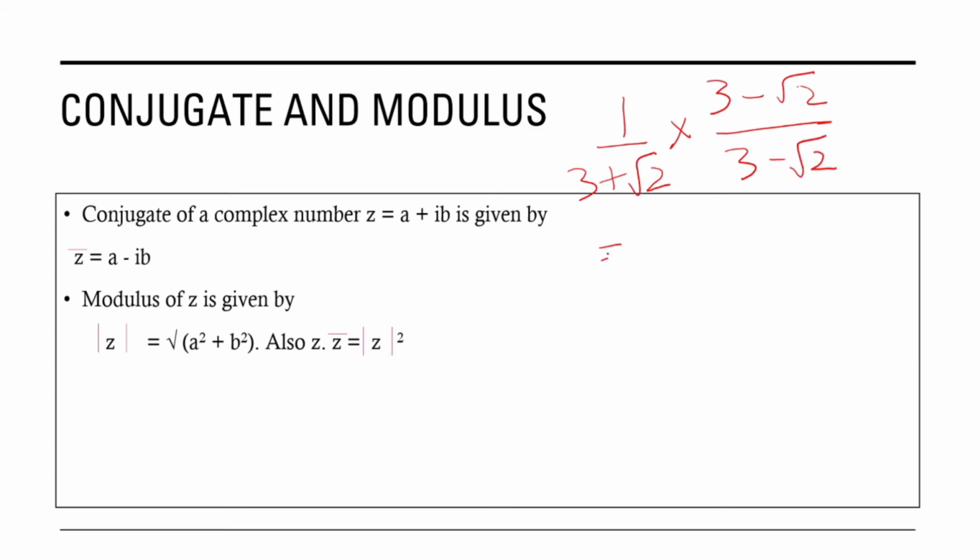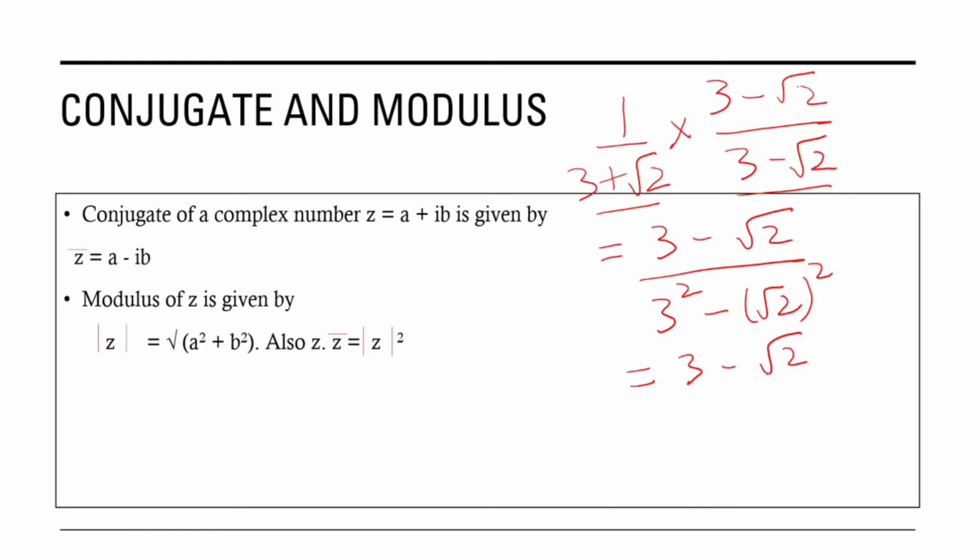On simplifying, we will get 3 minus root 2 divided by 3 square minus root 2 square, because this is of the form a plus b into a minus b, which is nothing but a square minus b square. So upon simplification, we will get 3 minus root 2 divided by 9 minus 2, which is equal to 3 minus root 2 by 7.